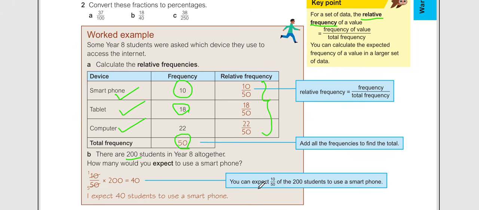So you can say you can expect 10 upon 50 of the 200 students to use a smartphone. So when you write the answer, you can say I expect 40 students to use a smartphone. This is how you use the relative frequency to find an expected result for a bigger set of data.